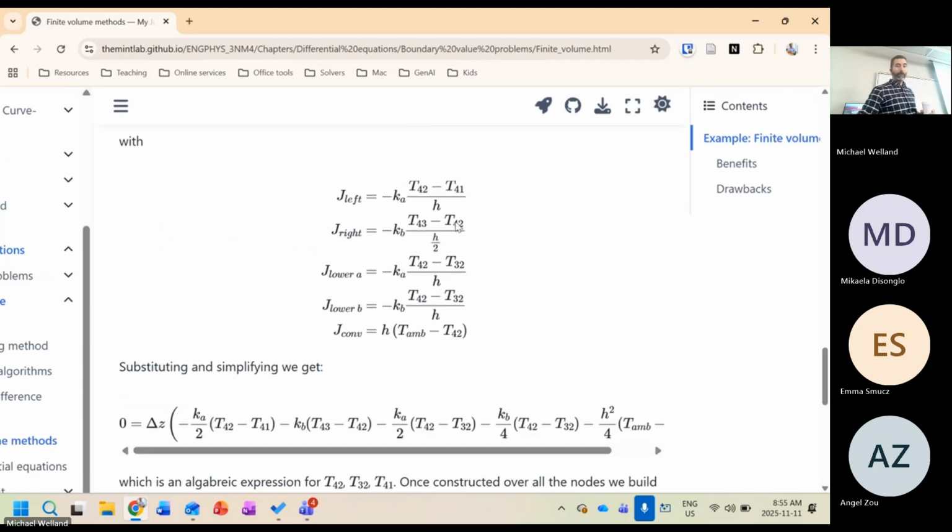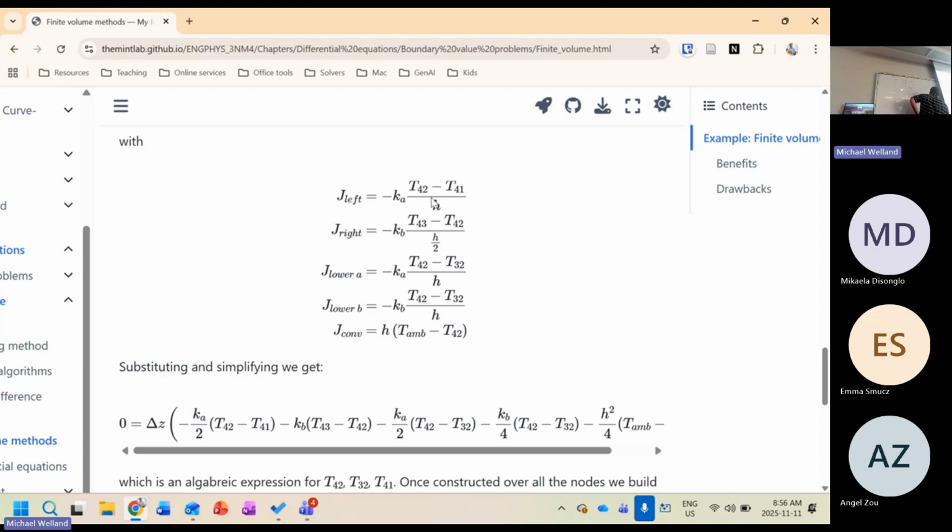Which one? Which J? Yeah. Since J is negative K grad T, we're not doing like normal finite difference with grad T. All we're doing is we're just doing, well, yeah, we're doing the equivalent of forward difference or backward difference, to be honest.